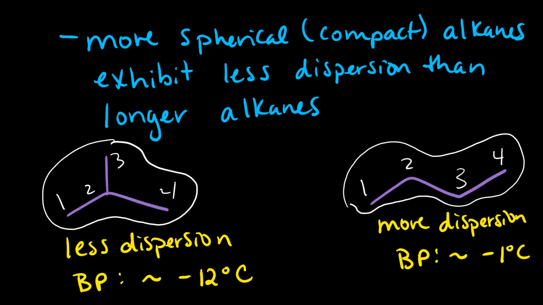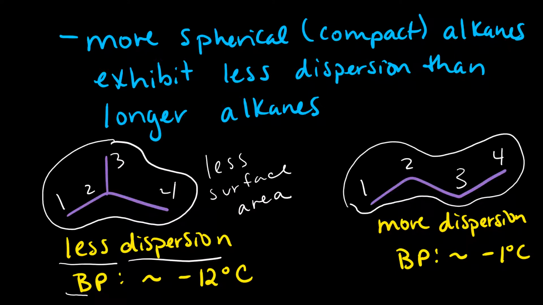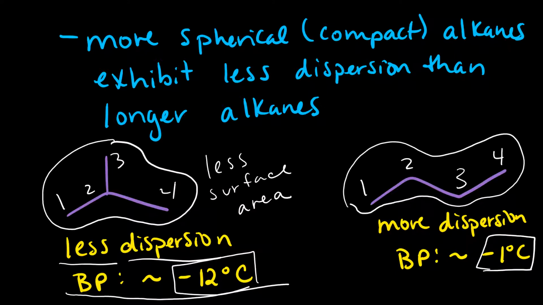And so the more spherical or compact alkane has less dispersion because there's less surface area here. And when there's less dispersion taking place, it doesn't take as much energy to get the molecules to come apart. So in boiling point, we see that this has a lower boiling point than the more elongated structure on the right that can exhibit more dispersion.